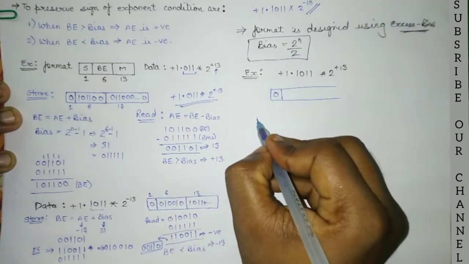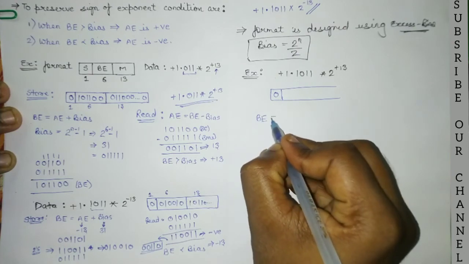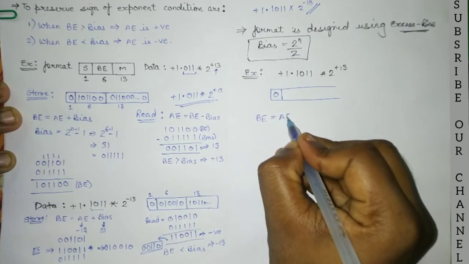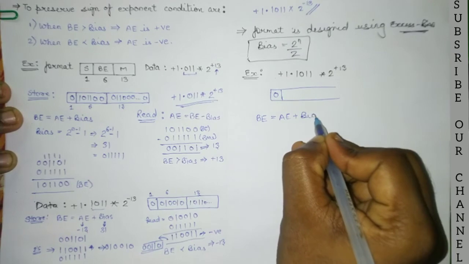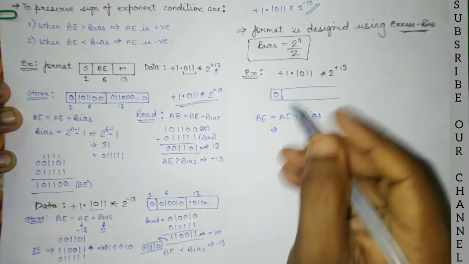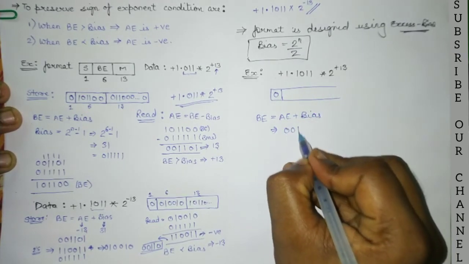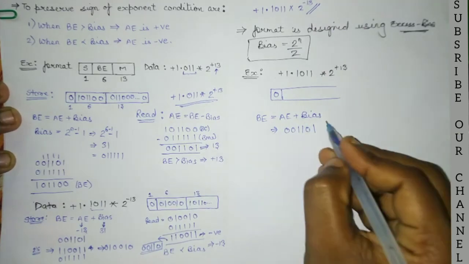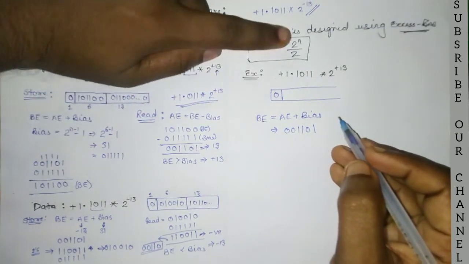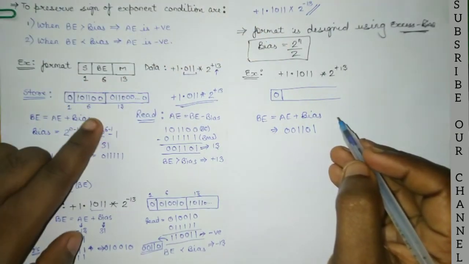Now we have to find out the biased exponent to store it. Biased exponent is equal to actual exponent plus bias. The actual exponent is 13, which can be written as 1101. What is bias? Bias is 2 to the power n by 2, and n will be 6.